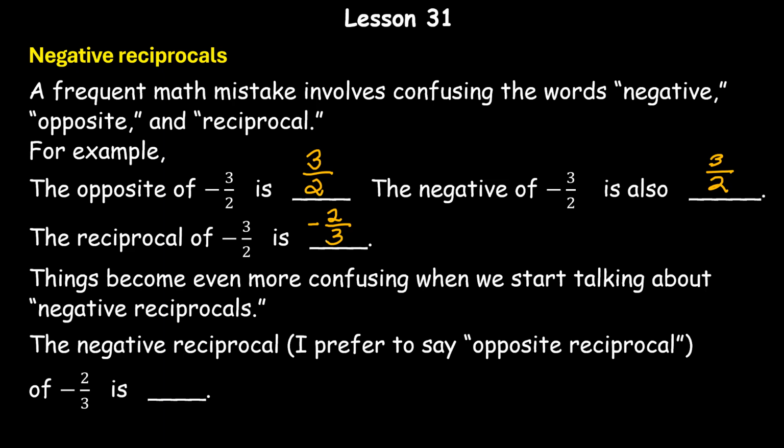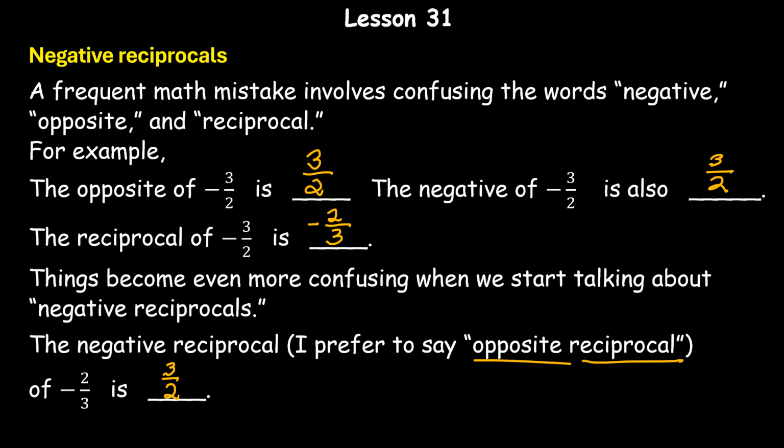If it's negative, it becomes positive. If it's positive, it becomes negative. So the opposite reciprocal of a number, in that case, when you see both of those words, opposite and reciprocal, that means flip it and change the sign. So the opposite reciprocal of negative 2/3 is positive 3/2.